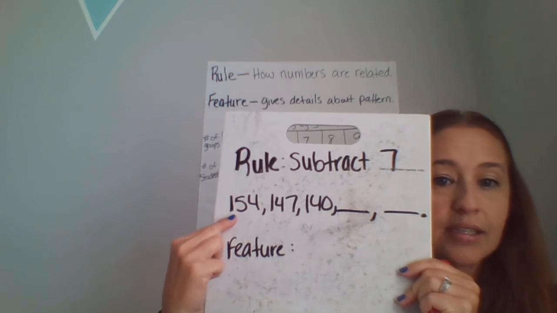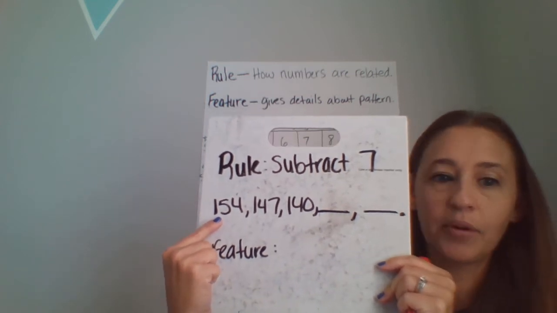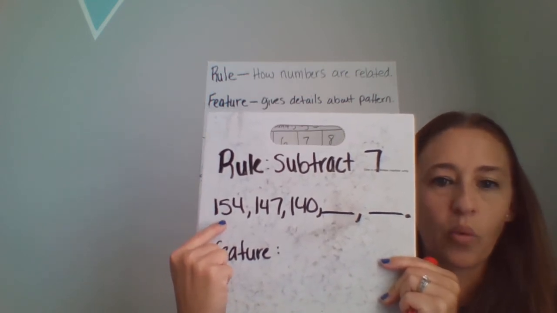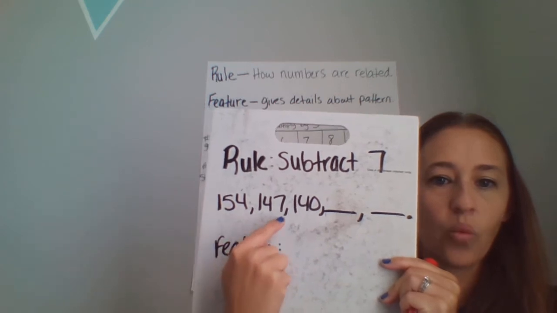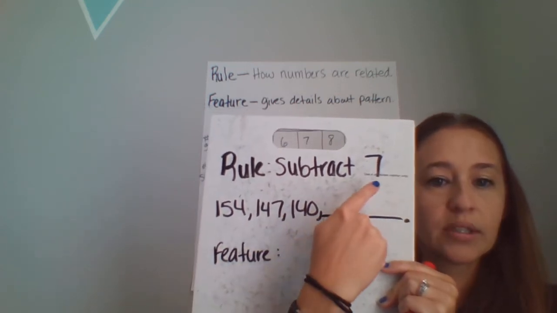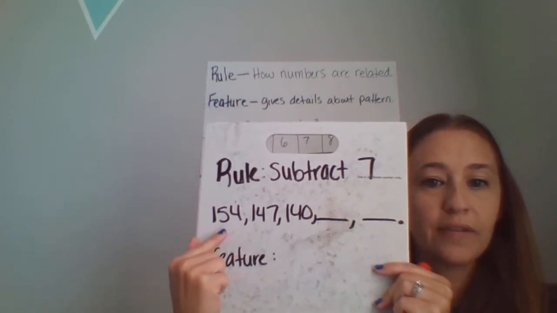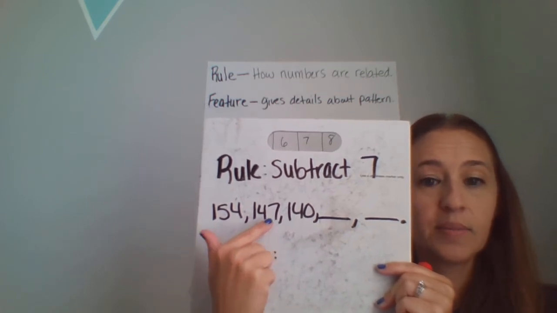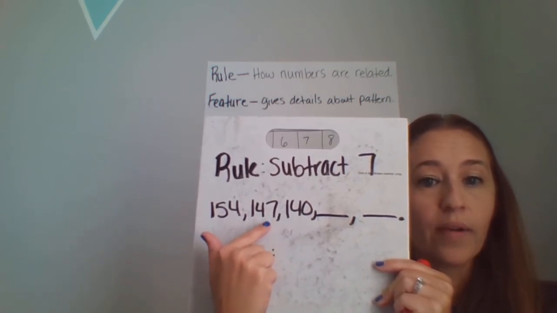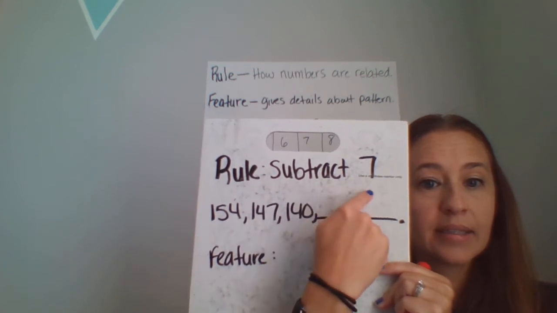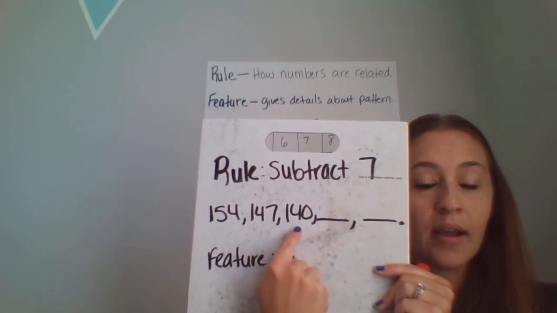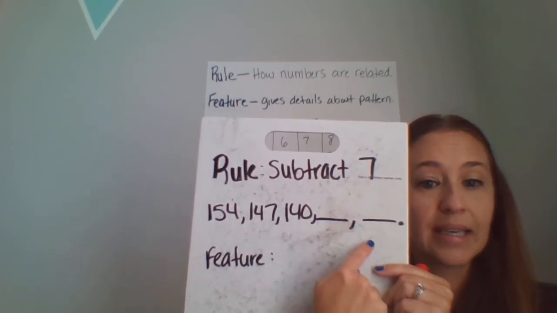So we're going to look at these numbers, see how it's not in a table, it's just a list. Starts with 154, 147. The rule is subtract 7. So 154 minus 7 gives me 147. 147 minus 7 gives me 140. I need to fill in the two missing numbers.